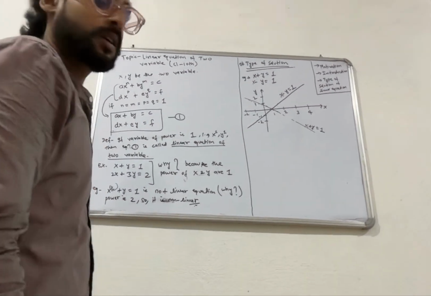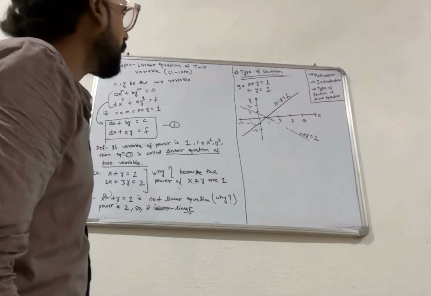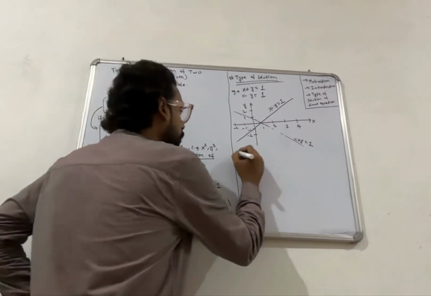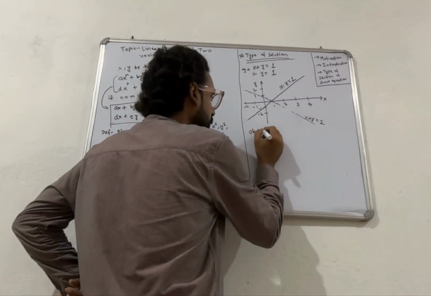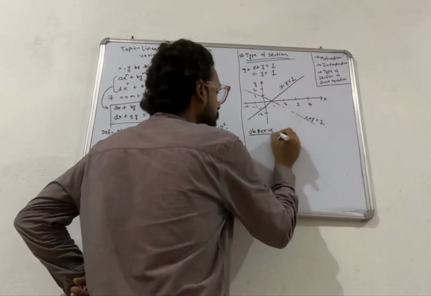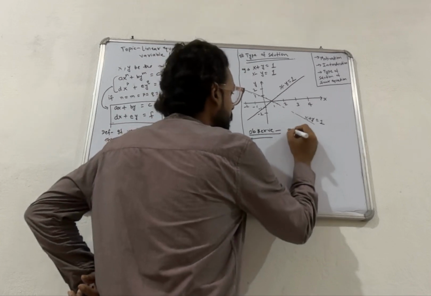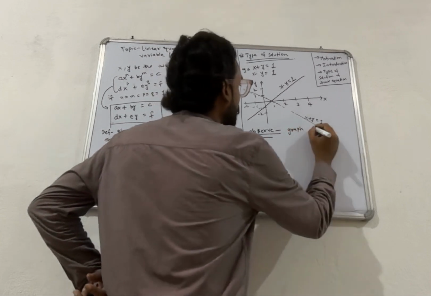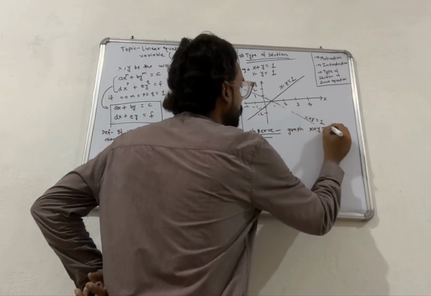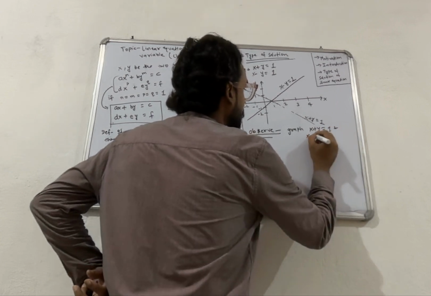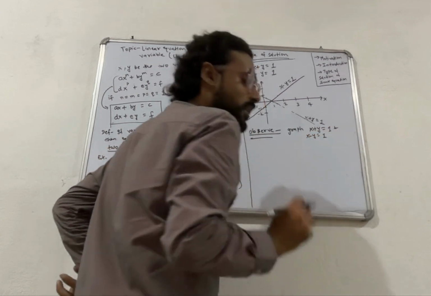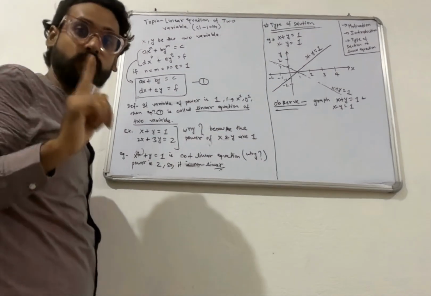Okay, so here what we are going to observe: the graphs x plus y is equal to 1 and x minus y is equal to 1 cut only at one point.